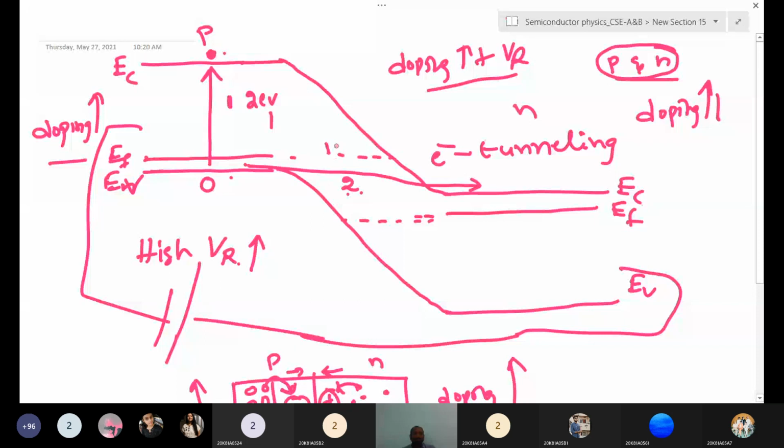So that's why, instead of going to the conduction band of the p-type semiconductor, the electron prefers to go to the conduction band of the n-type semiconductor. That is, electrons are tunneling through the depletion region, through the narrow depletion region.